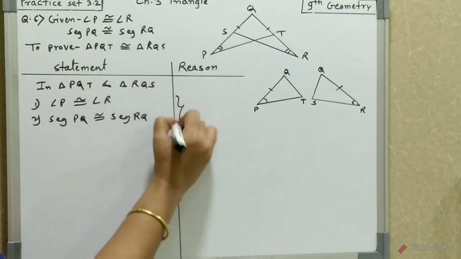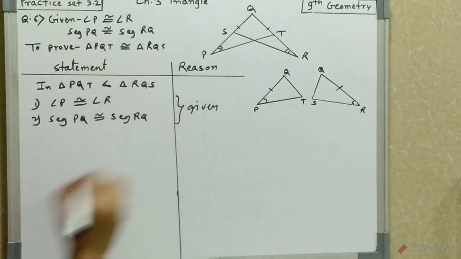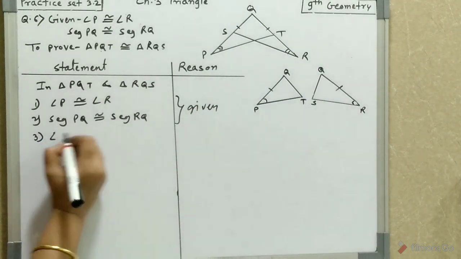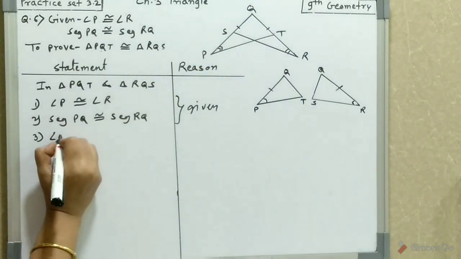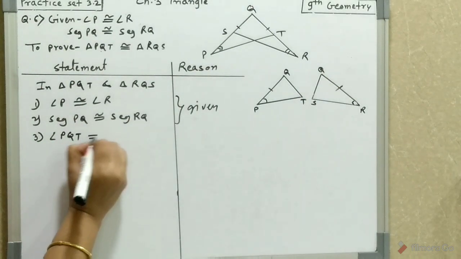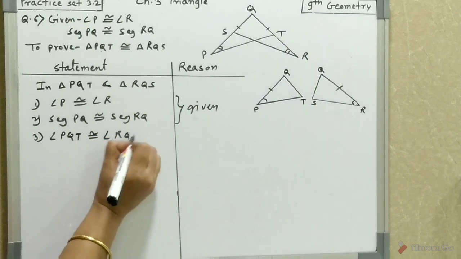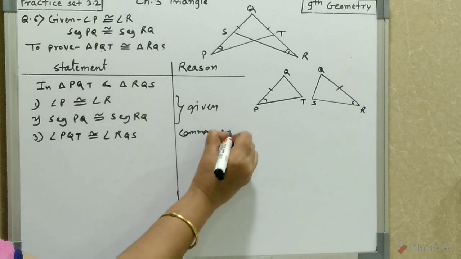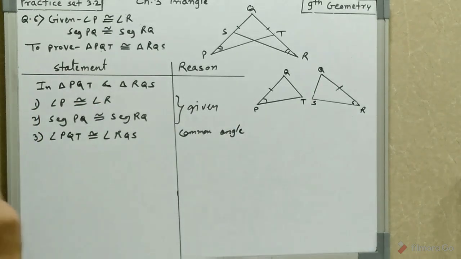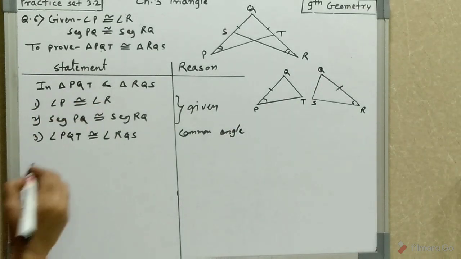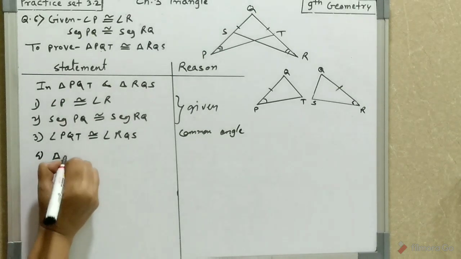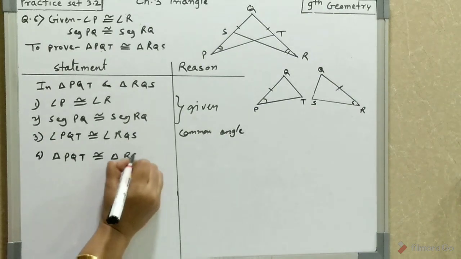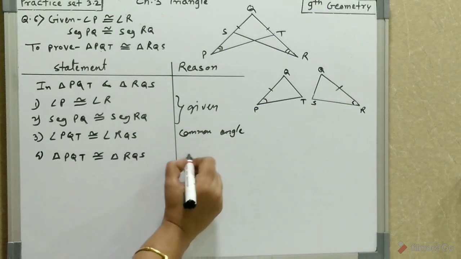This is given in our example, so right here the given reason. Now what is the next? The third one is angle PQT congruent to angle RQS. Right here common angle. So our three pairs are complete. So we write next, triangle PQT congruent to triangle RQS, by which test? ASA.